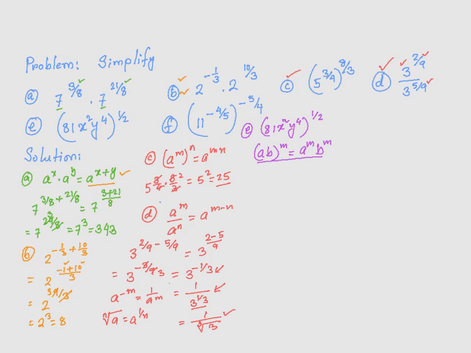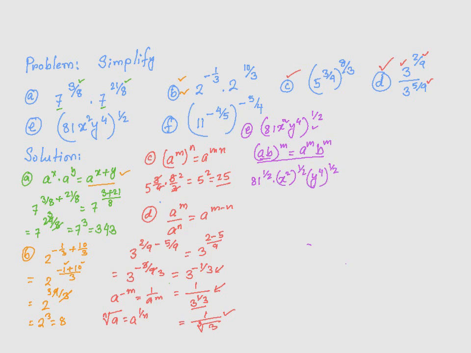You can apply this repeatedly for multiple terms. So basically, instead of 2, if you have 3, 4, 5 terms inside the parentheses, this rule still applies. So using that rule, it's going to be 81 to the power 1/2 times x squared to the power 1/2 and y to the power 4 to the power 1/2.